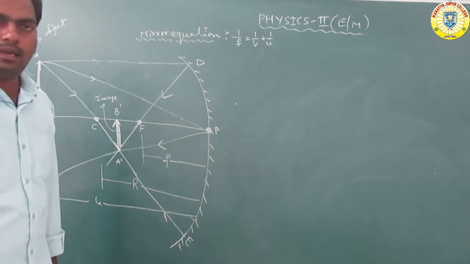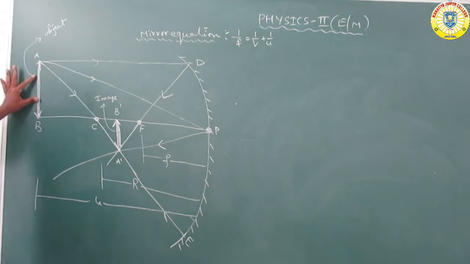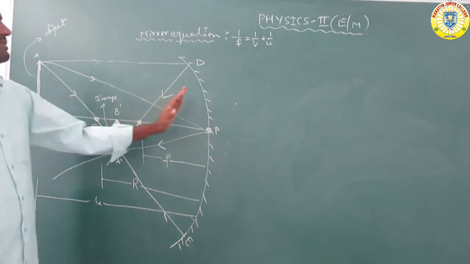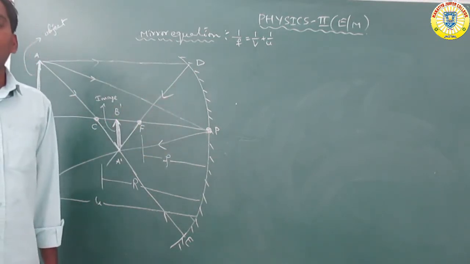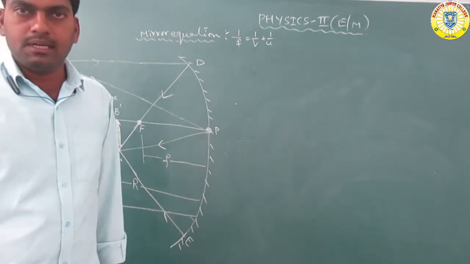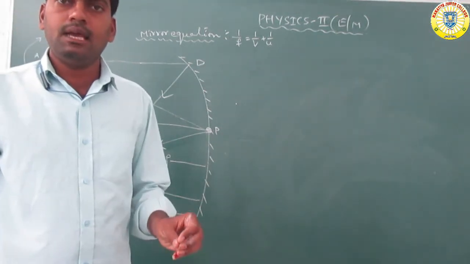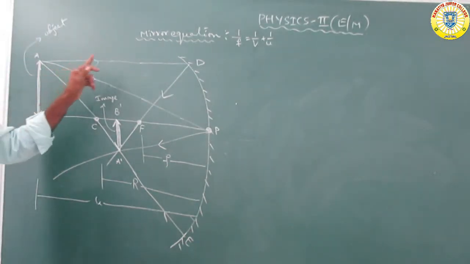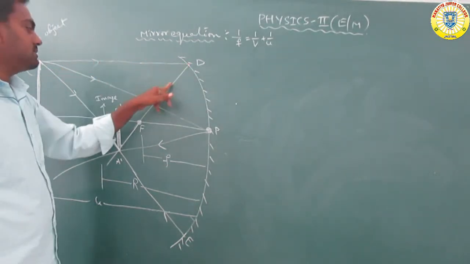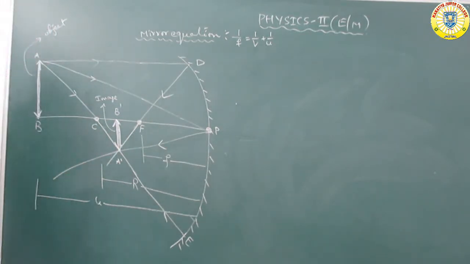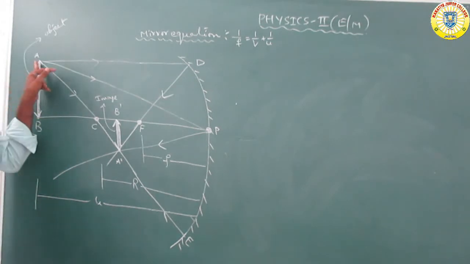Now here, AB is the object. The object is placed outside the center of curvature of the concave mirror. The ray from A incident at point B passes through the focus F along DF.